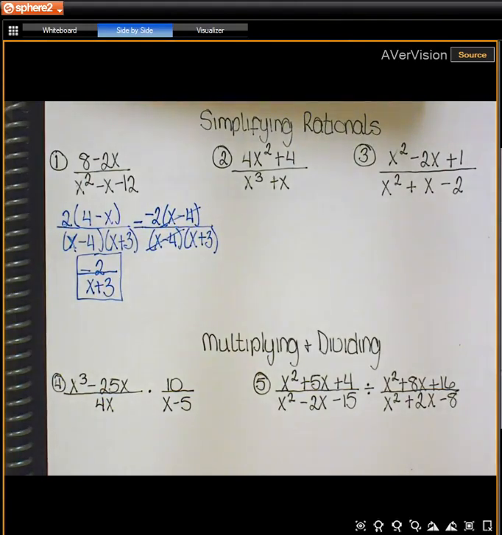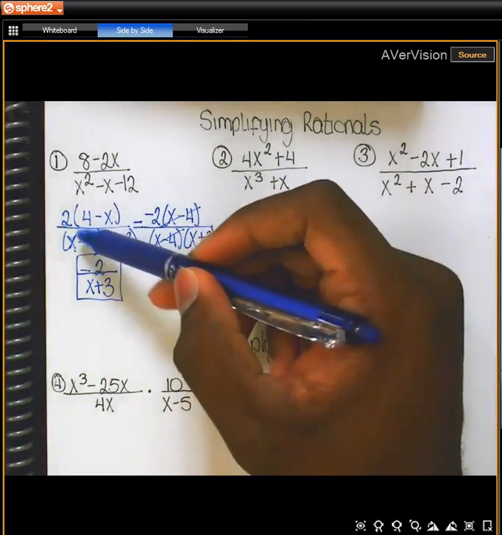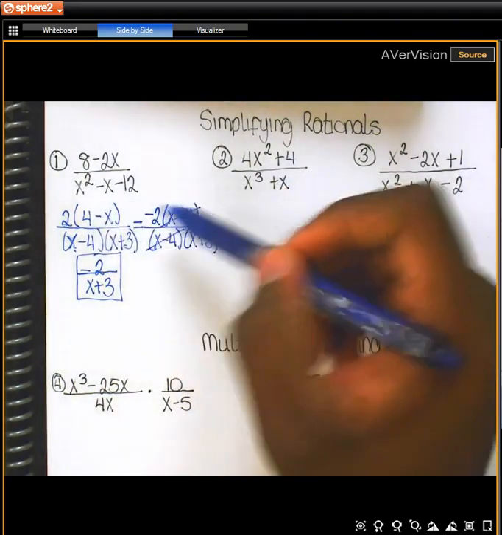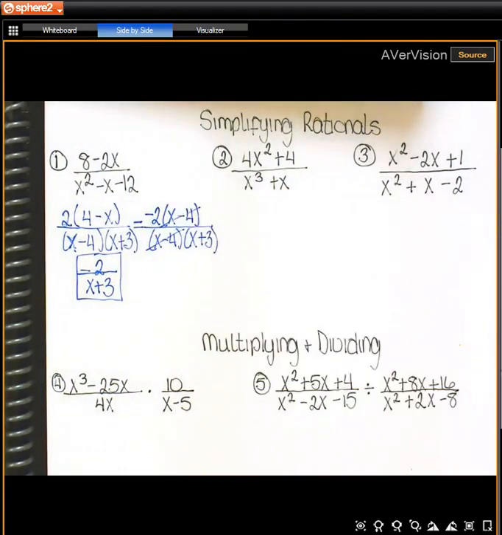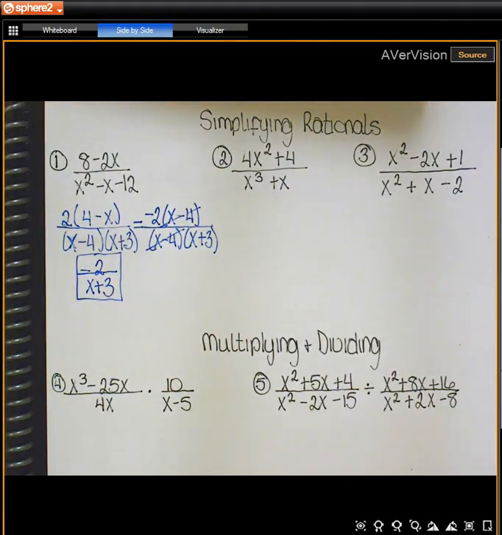Any questions on that one? Yeah, if they look exactly the same but opposite signs, you always take out a negative 1, yes. Good question.